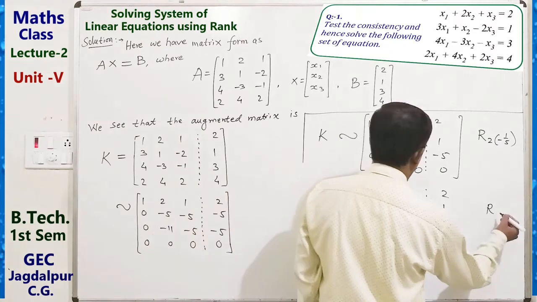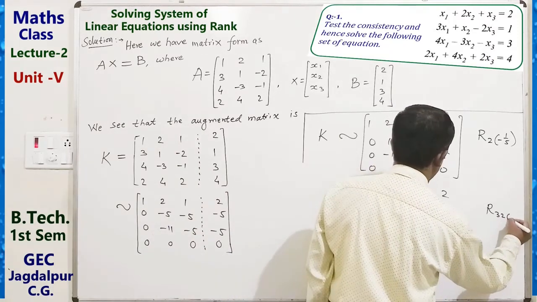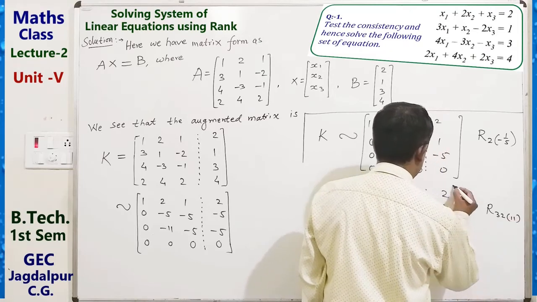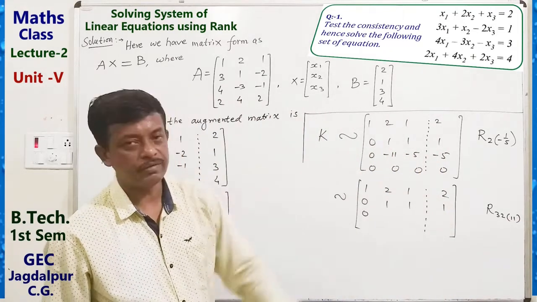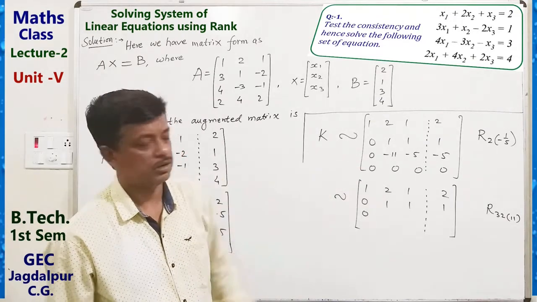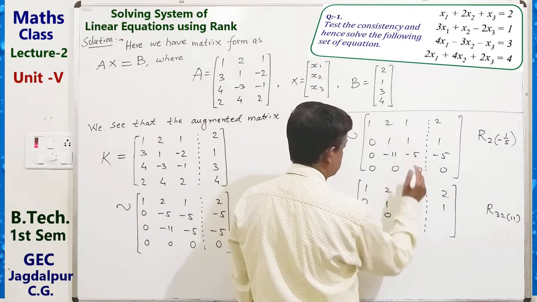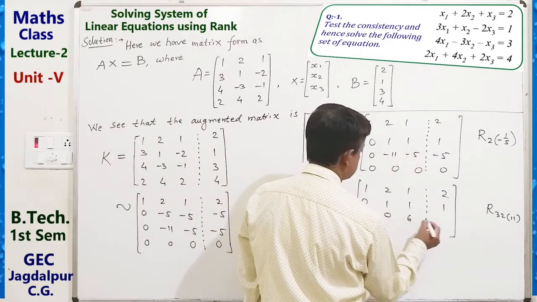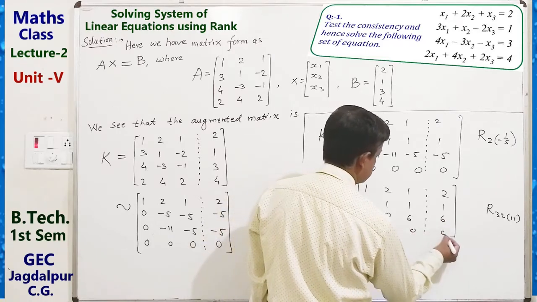So R3 plus 11 R2: the second row is multiplied by 11 and added to the third row. So here 0 0 11 minus 5 6. Here also 6 0 0 0 0.